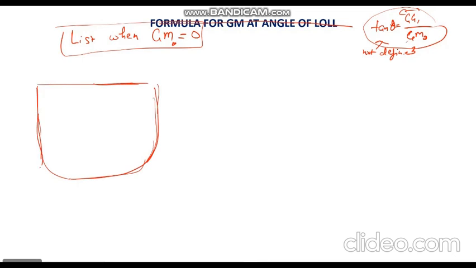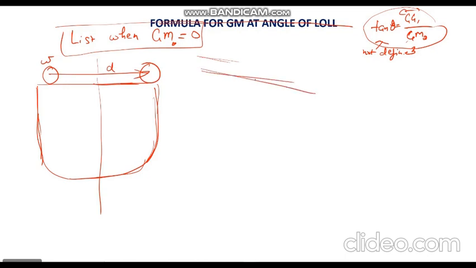Now here is the ship, beta, whose initial GM is 0. And now when we shift a weight W through a transverse distance D, this will cause the vessel to list. The deck will incline like this.